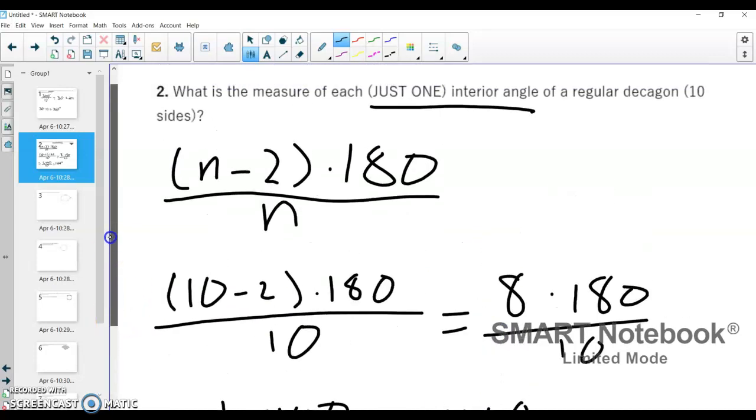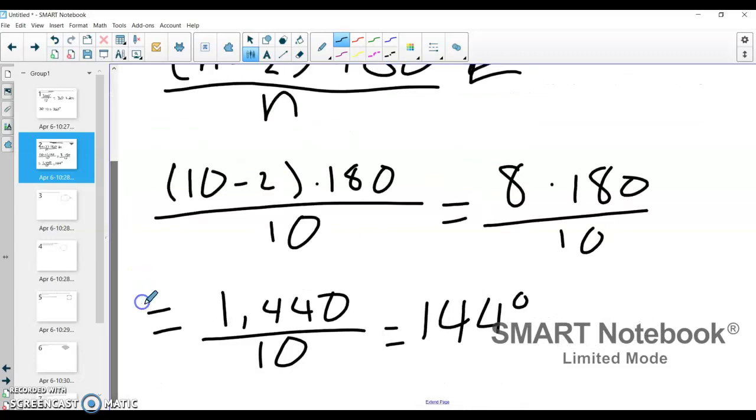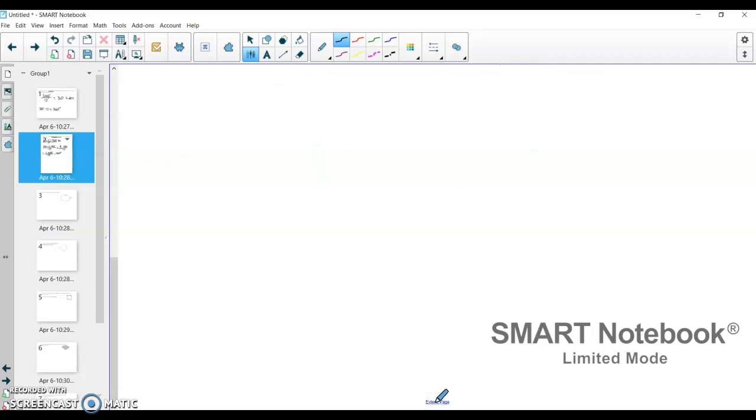Okay? Now, just as a quick reminder, this equation right here is the equation we use when we're finding just one interior angle. If it said find the sum of all the interior angles of a decagon, the equation we would use instead would be n minus 2 times 180.